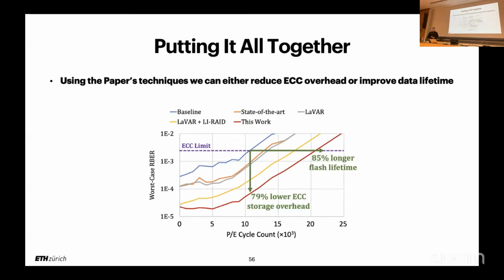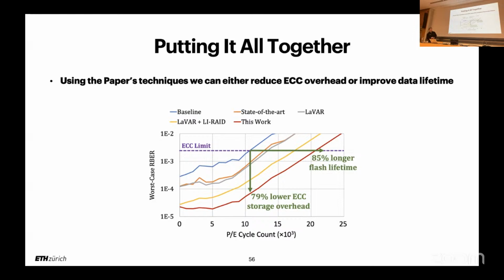So putting it all together, basically using the techniques that this paper presents, we can either get an 85% longer flash lifetime. Here we see the lifetime represented, or we look at the lifetime in terms of the program erase cycle count, because we basically want to write and erase the cells as many times as possible. And here we can see that the ECC limit is the purple line.